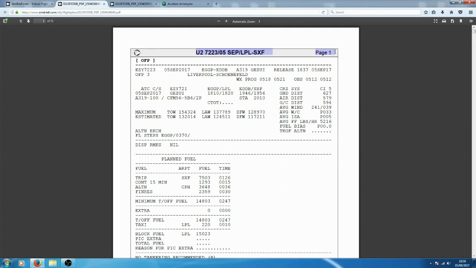Now just to say as well, I used to work as a dispatcher, and we used to check these off as well, because we would receive copies, but they were called load sheets, and they wouldn't display all the information that you'll see on here. Some did, some didn't.